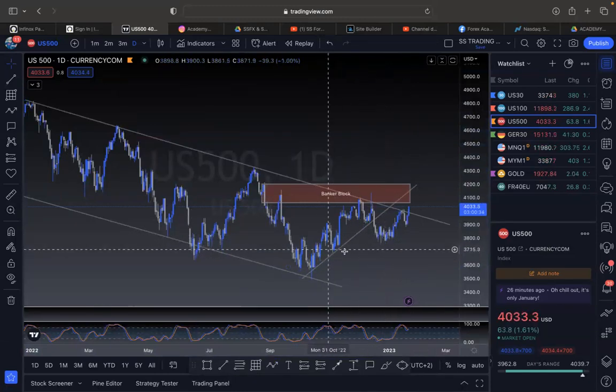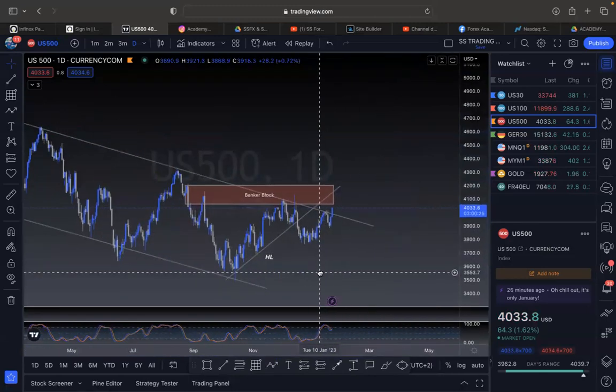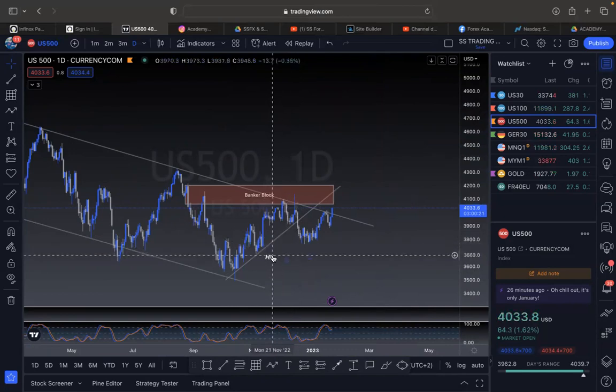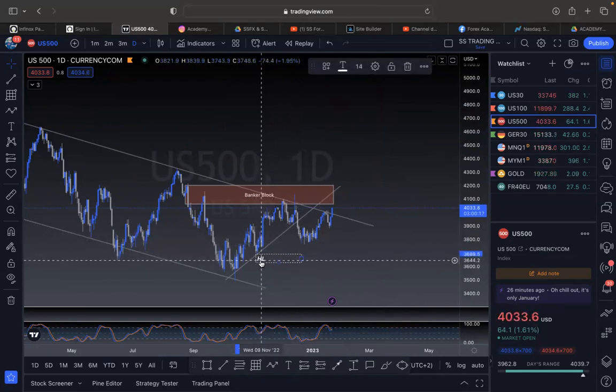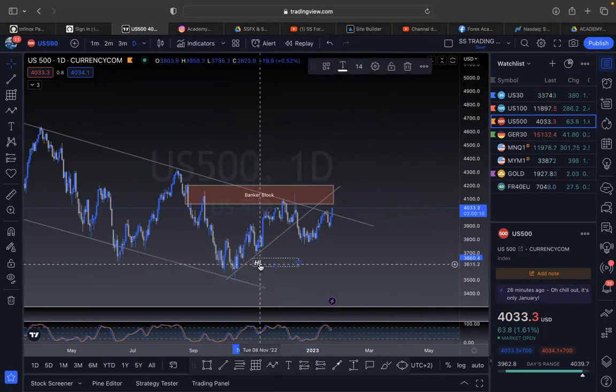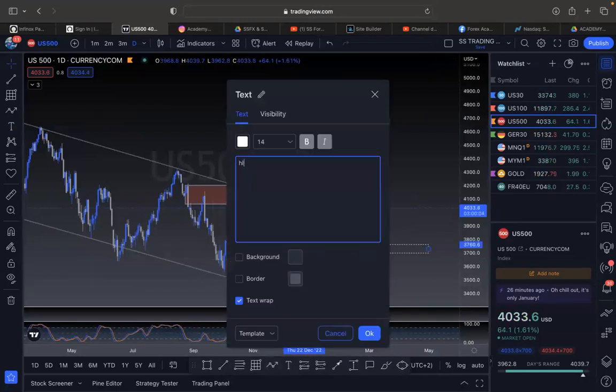Can you see how we failed to take out this low? So this was the minor higher low. Minor higher low. This was the minor higher low again.